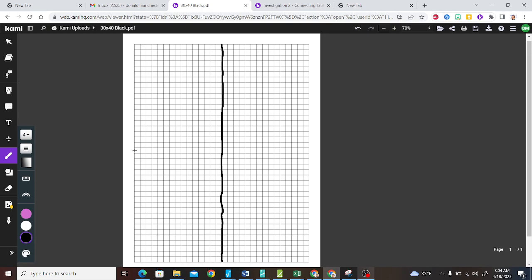We're going to make an x-axis across the paper. So this is x, this is y.